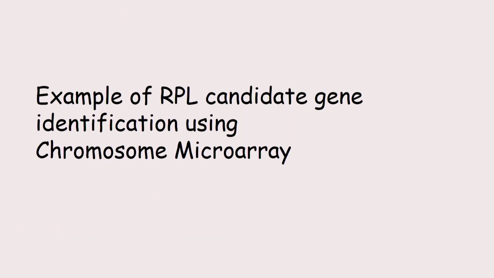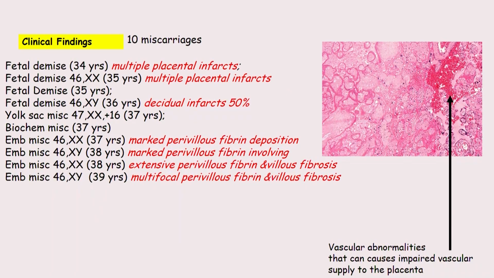So the first example is a gene that we consider a possible candidate for recurrent pregnancy loss that was identified using chromosomal microarrays. This is the clinical finding in the couple that I will describe. They had 10 miscarriages.